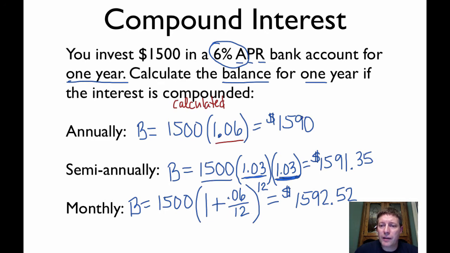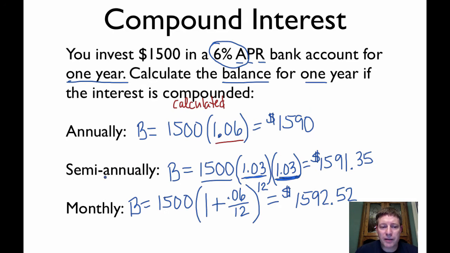And so we got exactly 6%. So we got $90. $90 is what we would call the nominal interest rate. In other words, that's the name. It comes from the root word nom, and that means the name. So the name of the interest rate was 6%, and we got exactly 6% when we compounded it just one time.